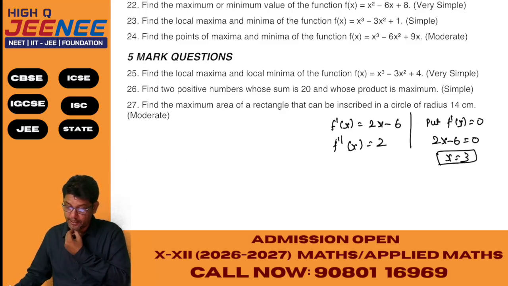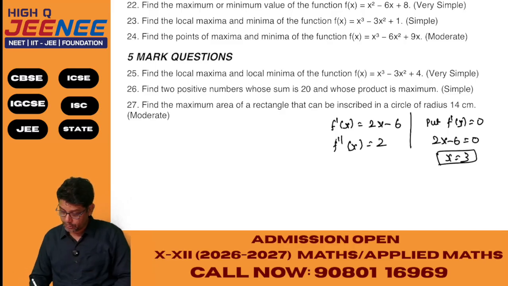So what is local maxima and local minima? Now we'll find f double dash of 3, again 2 only, greater than 0, therefore minimum.